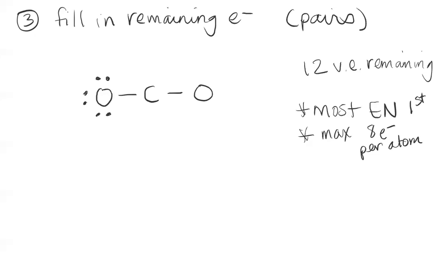Now this oxygen has 8 electrons around it, so I can't put any more. Now I go to the other side and put in the rest: 7, 8, 9, 10, 11, 12. So I've got 8 electrons around that oxygen, and 8 around that.